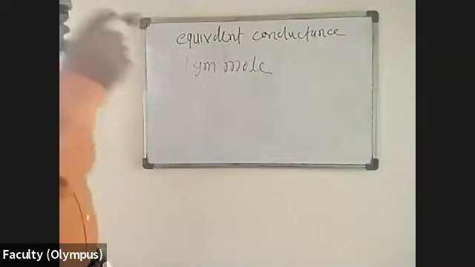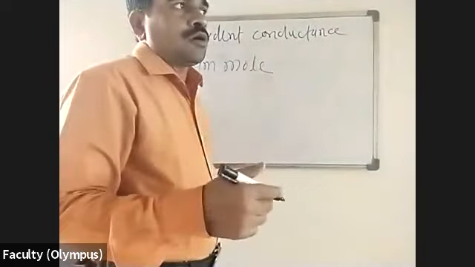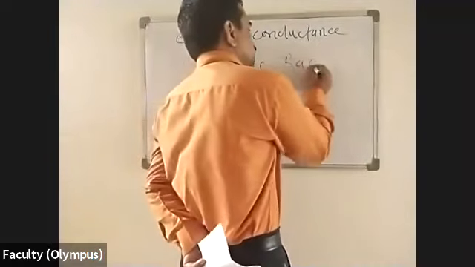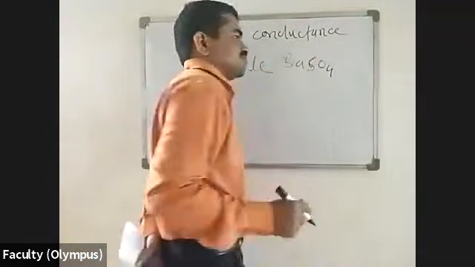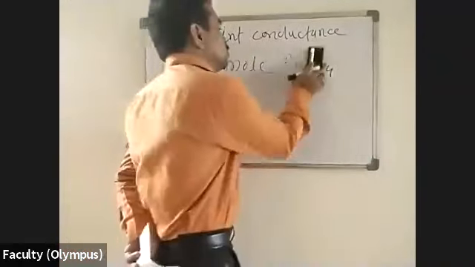Now the equivalent conductance is, for example, suppose the electrolyte is bivalent. For example, say barium chloride. Barium sulfate is sparingly soluble, so barium chloride.